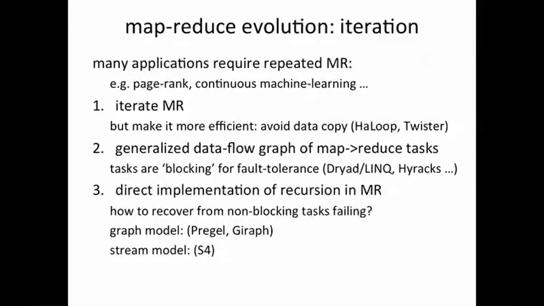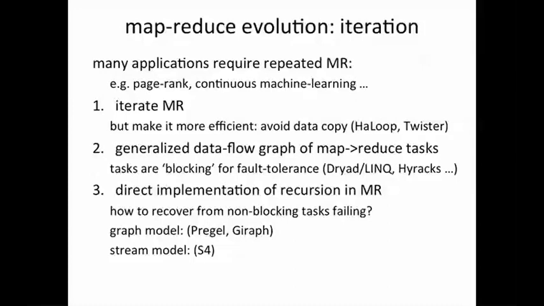Lastly, there are implementations of recursion directly in MapReduce, and here the challenge is how to recover if tasks are now no longer blocking, because you're doing iteration using recursion, and recursion requires every step to essentially produce an output, otherwise the next recursion cannot begin.